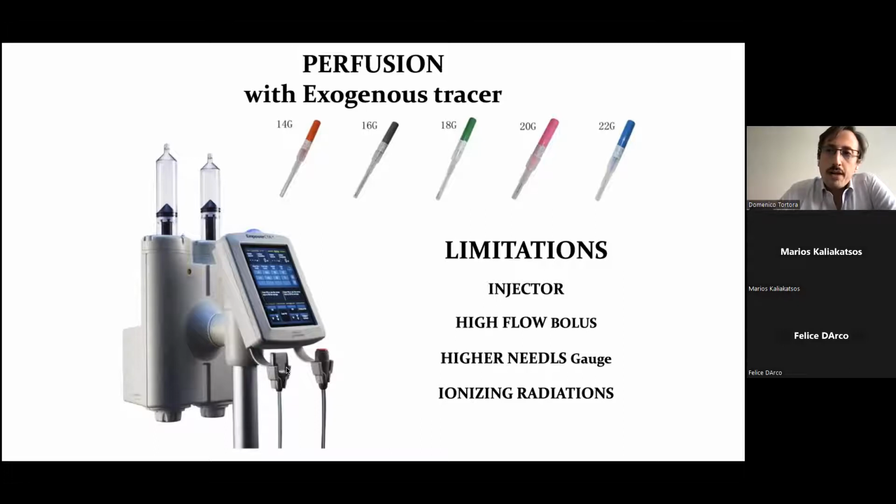In order to have an accurate estimation of brain perfusion, it's important to use a high flow bolus of gadolinium. To obtain this, it's important to use an injector and an iron needle gauge, and altogether, this may represent a limitation, in particular when we perform these sequences in very young children.